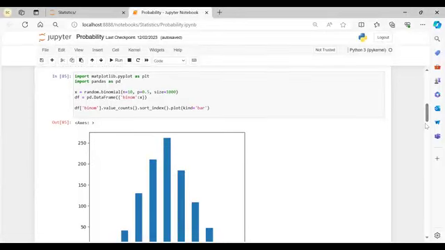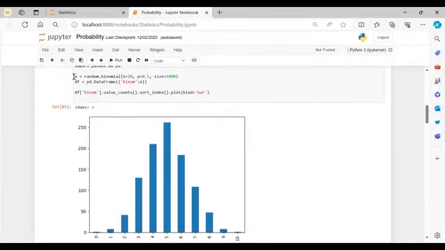Now if you want to plot certain values from this binomial distribution, let's suppose first I generated this list of values from random.binomial with the characteristics n equal to 10 and p equal to 0.5. And then I created a data frame of this variable.